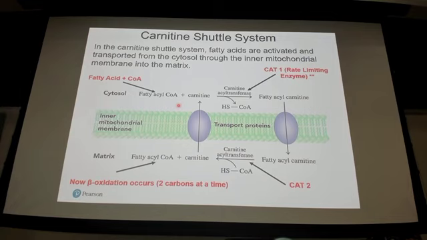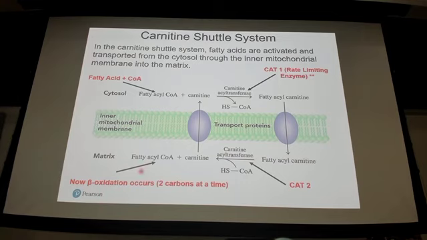So the first enzyme in this step is carnitine acyltransferase 1. This is the rate-limiting enzyme. What that does is carnitine is added to the fatty acyl-CoA, removing the CoA, making fatty acylcarnitine. That fatty acylcarnitine can then be transported through the carnitine transport protein into the mitochondria, where carnitine acyltransferase 2 will catalyze the reverse reaction, removing the carnitine, adding back the CoA.